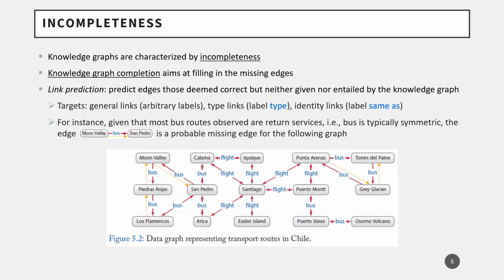As you can see in figure 5.2, the data graph represents the transport routes in Chile. There are bus connections and flight connections. Some directions go both ways, and the other links are only one-sided.